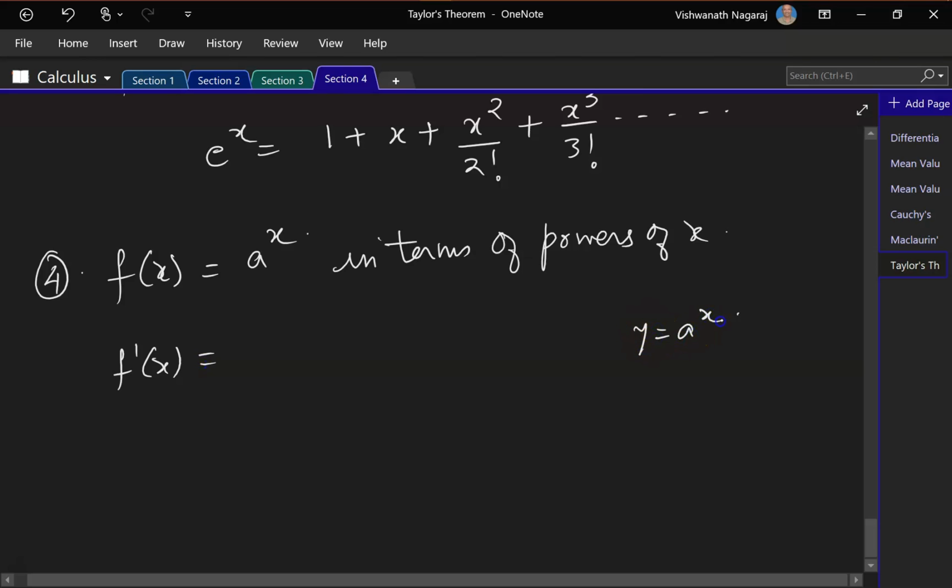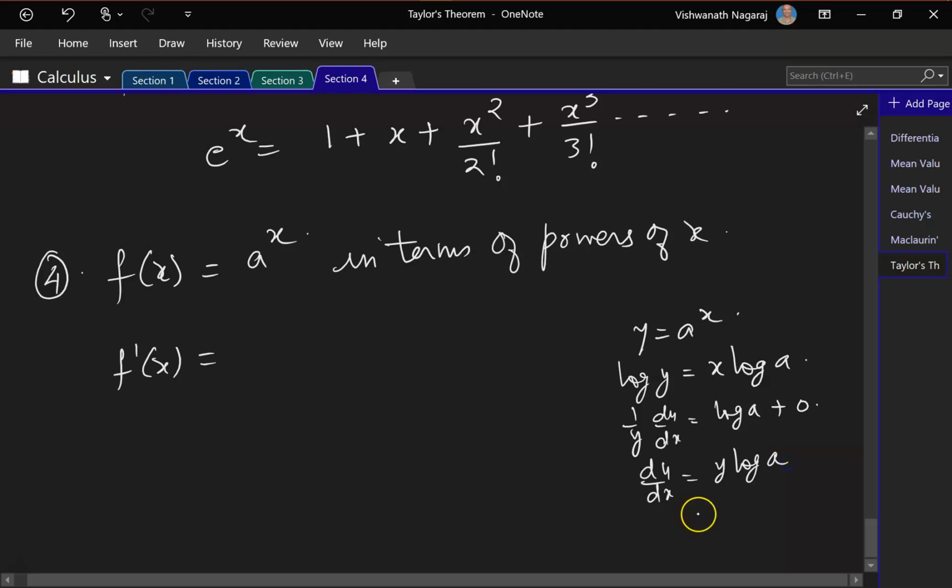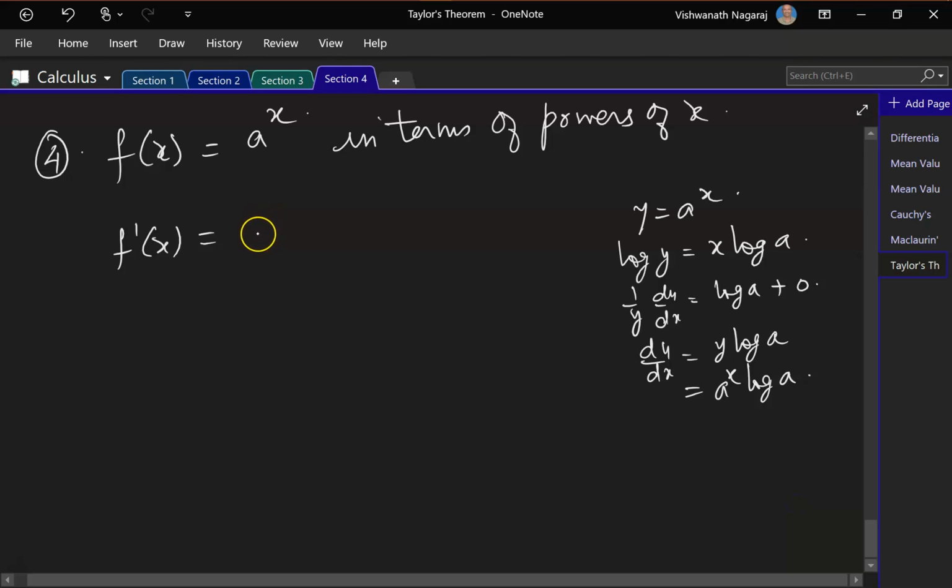y is equal to a to the power of x. Let's take the log of both the sides. So it becomes log y equals x log a. Let's differentiate: 1 by y dy by dx is equal to log a plus 0. So dy by dx is equal to y log a, and y is a to the power of x, so this is a to the power of x log a.